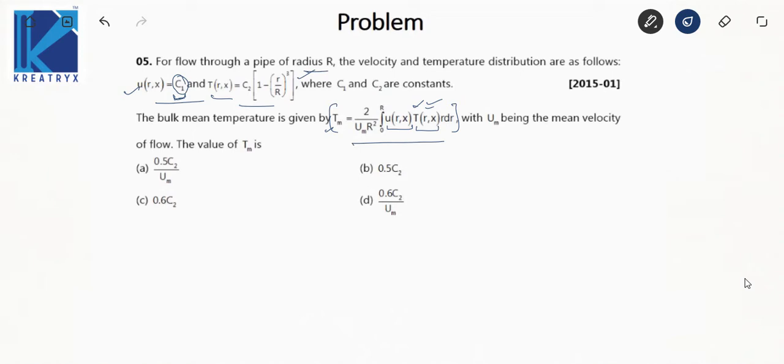Tm is 2 upon R square, integral 0 to R, u(r,x) is C1, and T(r,x) is C2 times (1 minus r cube upon capital R cube).